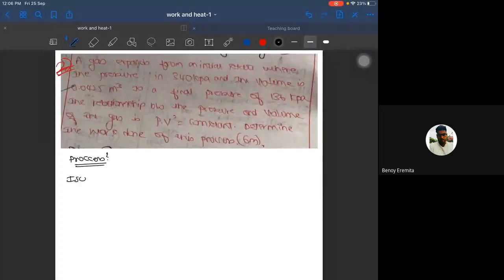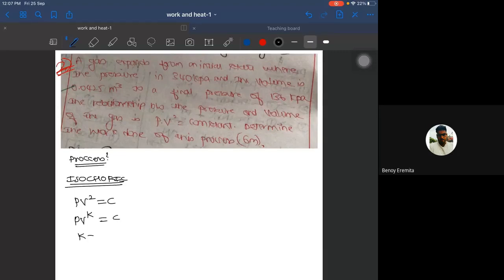Because they've written the relationship between the pressure and volume of the given gas, PV square is equal to constant. They have given it, right? So any process can be represented by the equation PV to the power of K equals constant, correct? Here the value of K is 2.